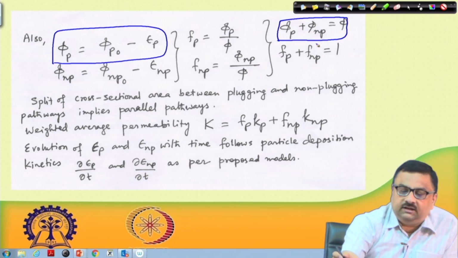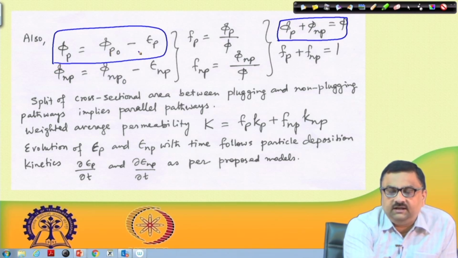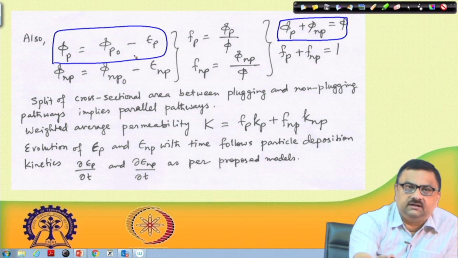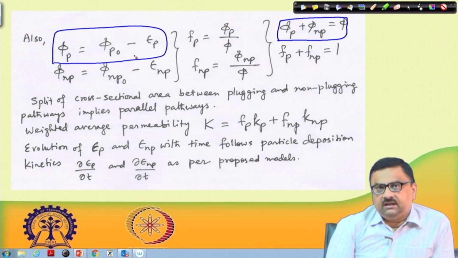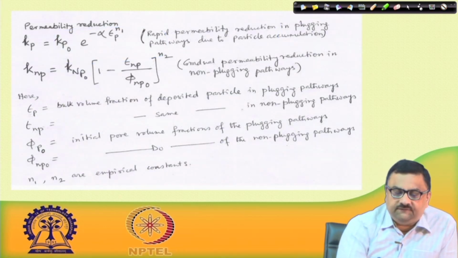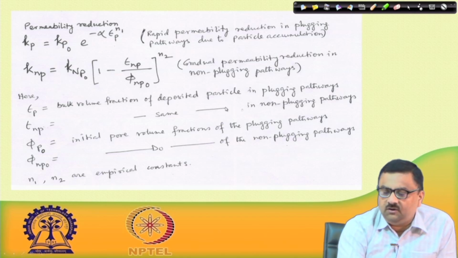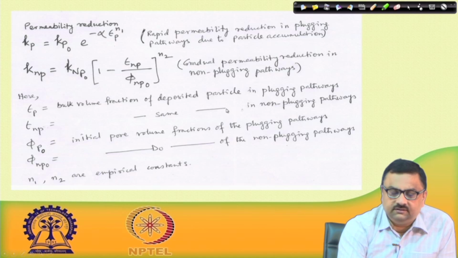And phi plugging at any time is initial phi minus epsilon P, which has to be subtracted. But in that case, I must say that epsilon P is the bulk volume fraction of deposited particles in plugging pathways.